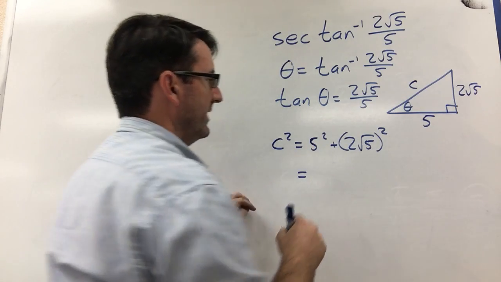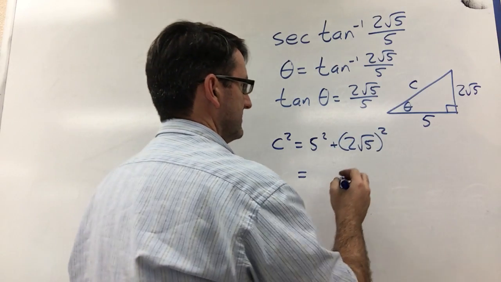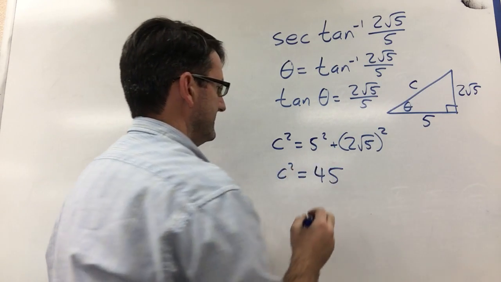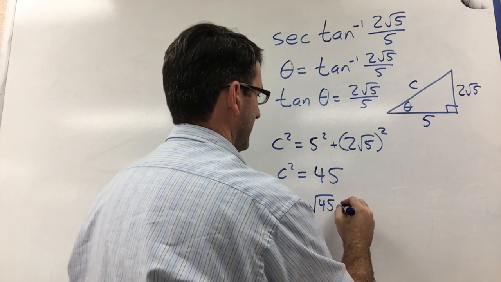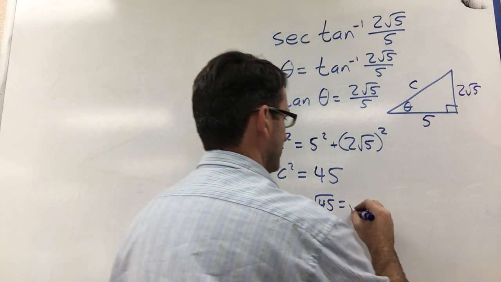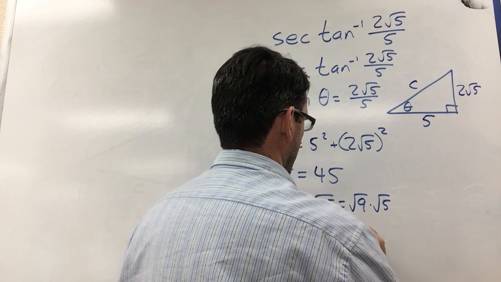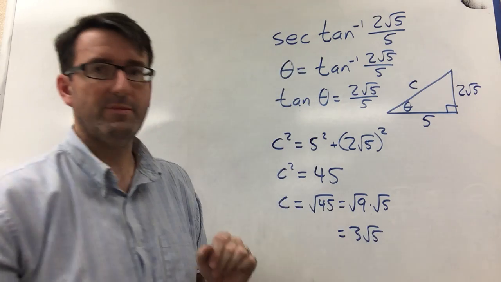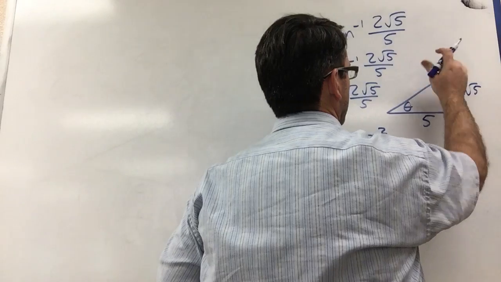So 5 squared is 25. 2 square root of 5 squared is 20. So this is 45. That's C squared. So C is equal to the square root of 45, which is the same as the square root of 9 times the square root of 5. So that's 3 square root of 5. So 3 square root of 5 is this C here.